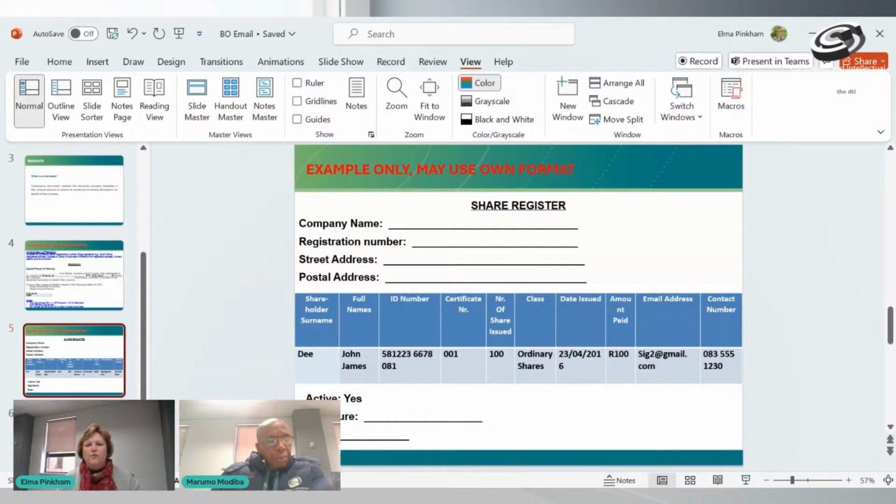We allowed for the shareholder's surname, full name, ID number, the certificate number, the number of shares that were issued, the class or kind of shares, the date it was issued, the amount of the shares that have been paid, the email address of the shareholder, and the shareholder's cell phone number. It indicates that this register is still active and gets signed and dated as well. Marumu?